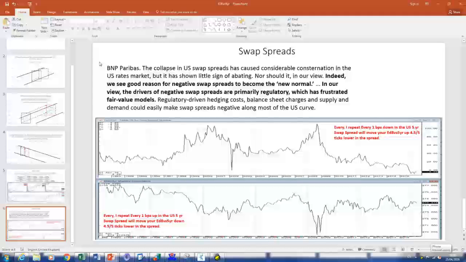There's one caveat, right? Swap spreads. I took a quote from BNP Paribas on the recent move in the swap spreads. Now, as you can imagine, interest rate swap spreads are the difference between interest rate swaps, like interbank or commercial money, versus the cost of borrowing money for a treasury or a central bank, right?